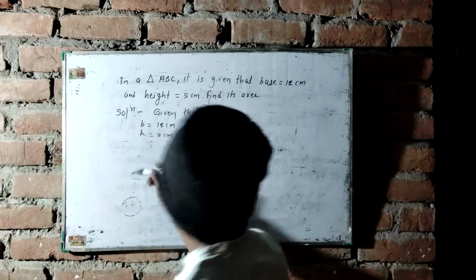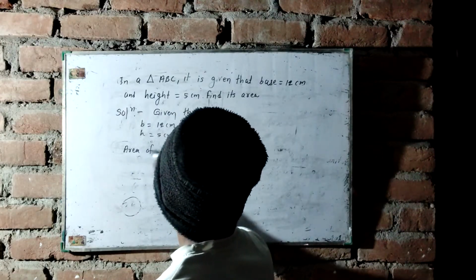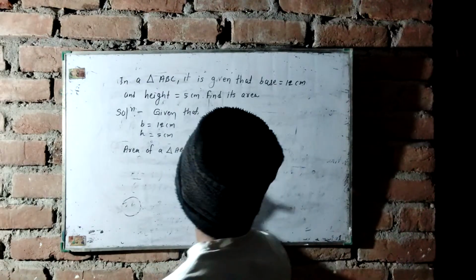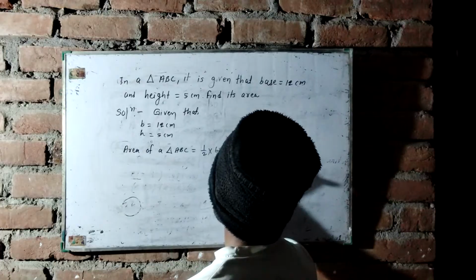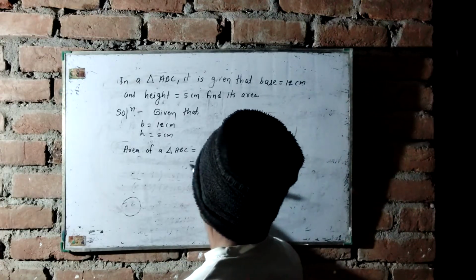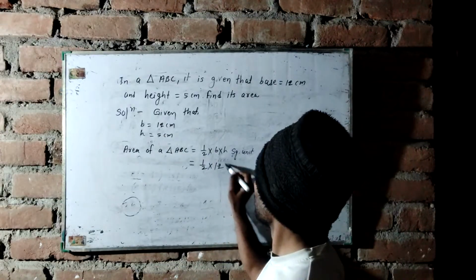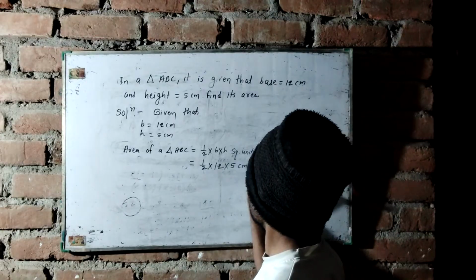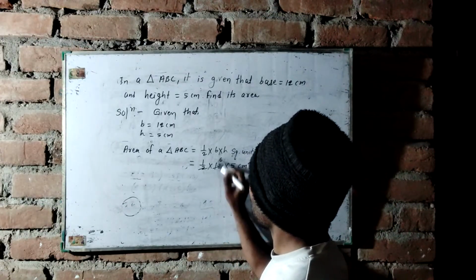So area of a triangle ABC is equal to 1 by 2 into base into height square unit. So 1 by 2 into base 12 into height 5 centimeter square. 6 times 12 cancel.